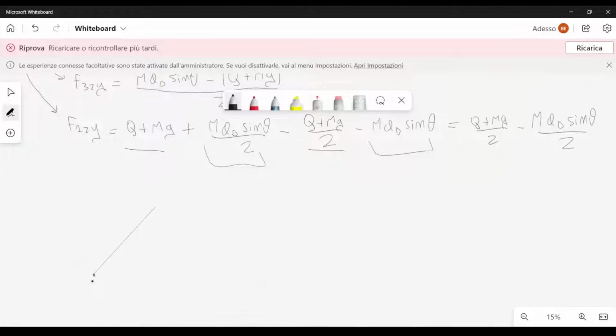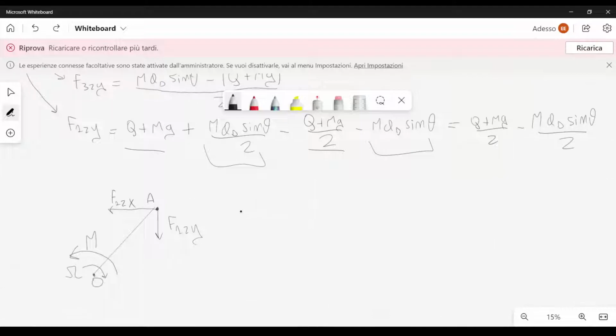So this is the point O, and this is the point A. We have f12x here and f12y here, like this. And now let's assume that the torque that we have to apply, let me call it m, like before, is in the opposite direction as omega. And at the end, we will find that indeed this is the case, as we should expect.